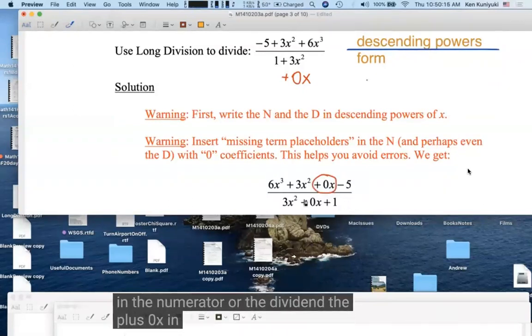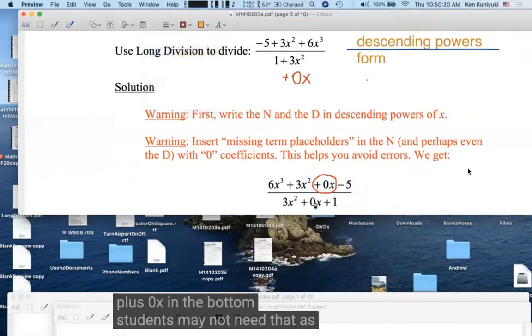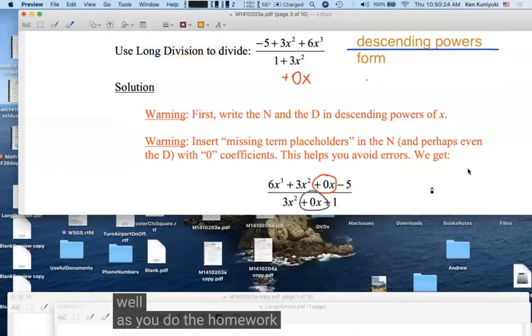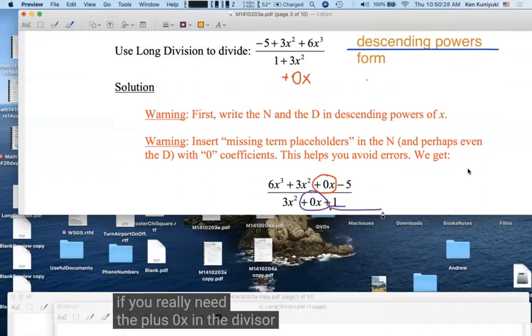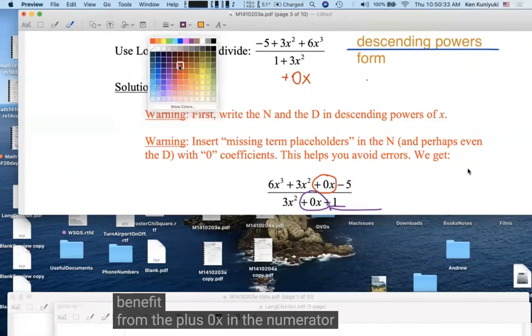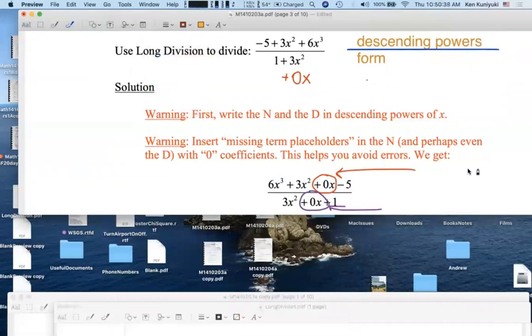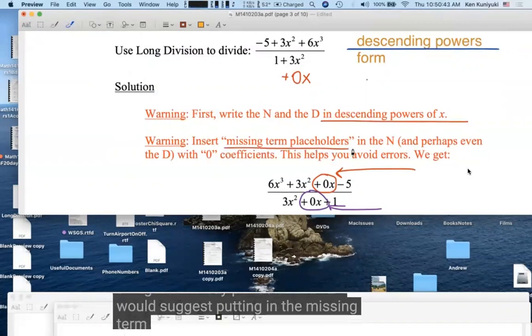The plus 0x in the bottom, students may not need that as much, but some students may benefit from that as well. As you do the homework, try to figure out if you really need the plus 0x in the divisor. Many students benefit from the plus 0x in the numerator, because if you don't do that, you tend to misalign your columns. All right, so descending powers of x, and I would suggest putting in the missing term placeholders.